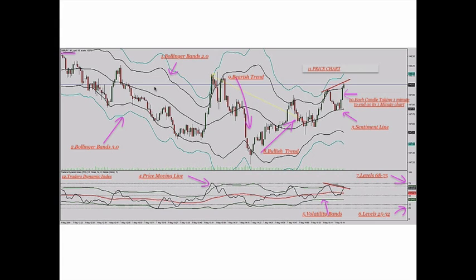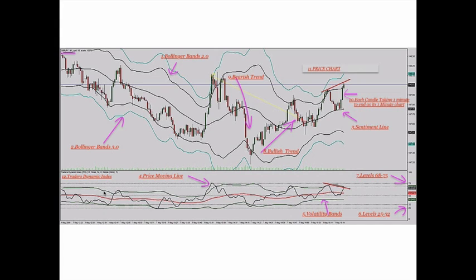Now, the fourth thing, the price moving line. As you can see, this line is just a reflection of the price. As you can see, the candles move up, down. So this is how the price is depicting the candles.